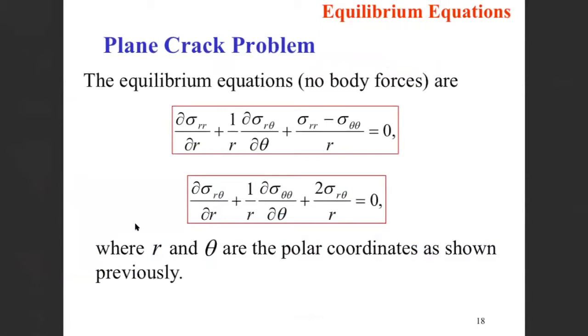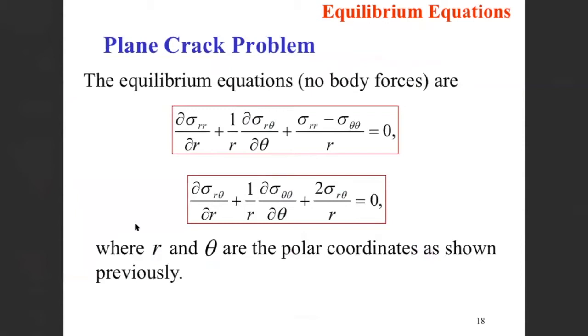So we have to set up the problem, and everything here is done in polar coordinates. We have a cylinder, or we're in a plane, so we have a circle around our crack tip. Just in terms of notation, sigma rr is the radial direction, along a radius, specified by a theta. So here's a circle, and we have a theta.